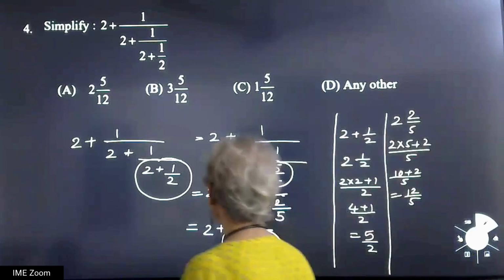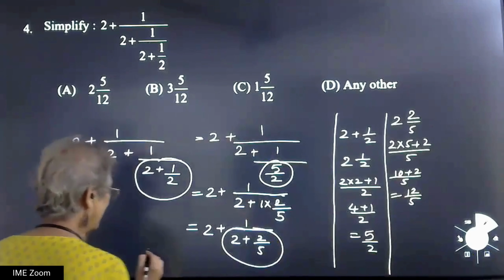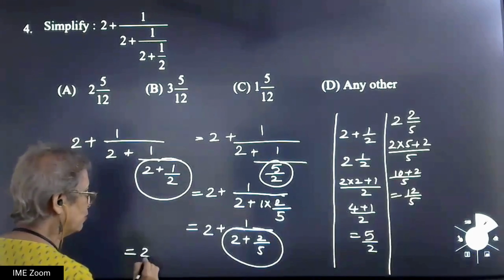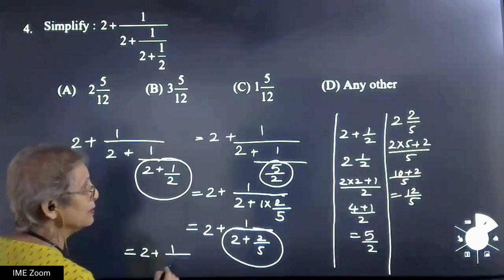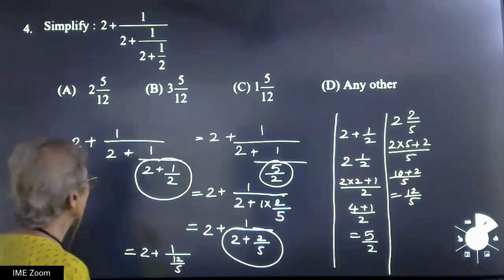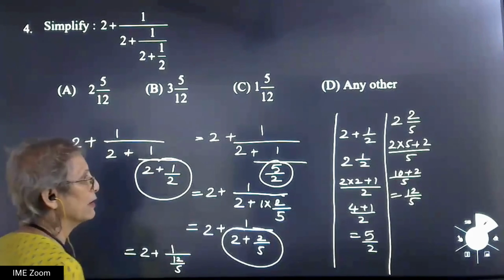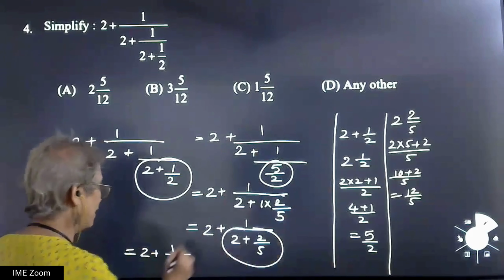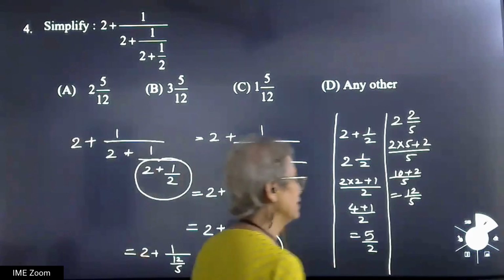So in this part, the next step will be 2 plus 1 upon 12 upon 5. Okay. Now I will rub that part and then we will simplify.